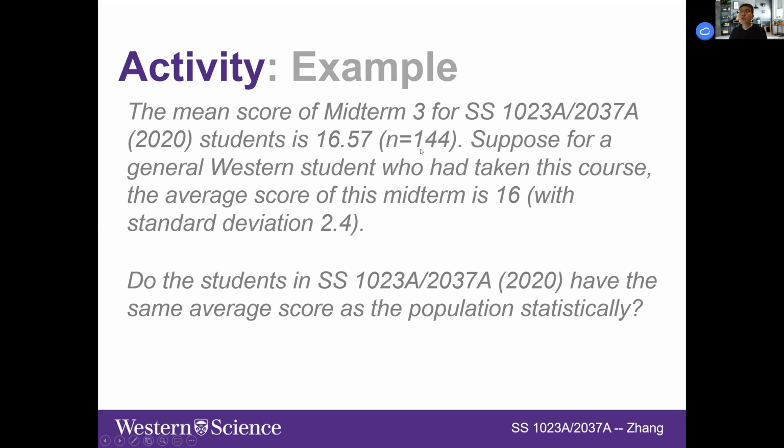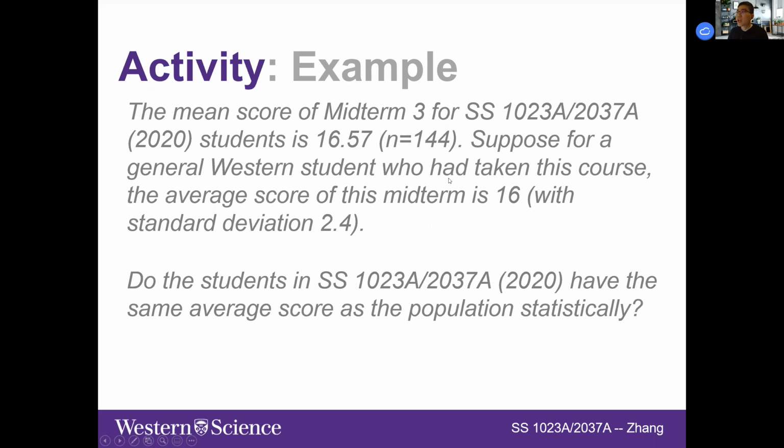And for this midterm, 144 students took the midterm. Suppose I have the information for a general Western student who has taken this course before, and based on the historical results, I know that the average score of the same midterm should be around 16, with a standard deviation of 2.4. So my research question is, do the students in this course have the same average score as the population, statistically?